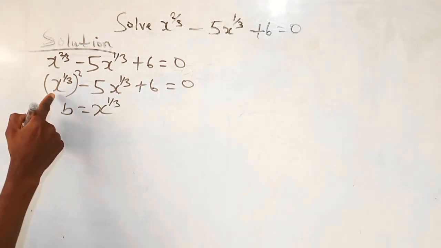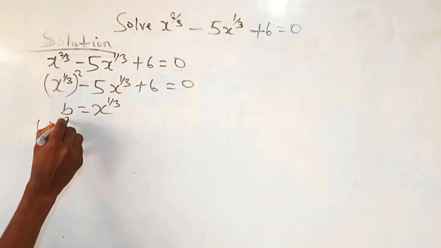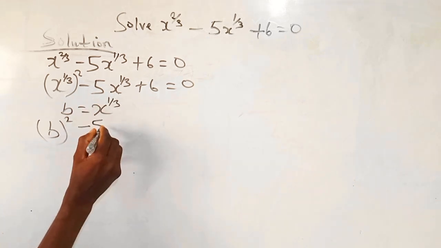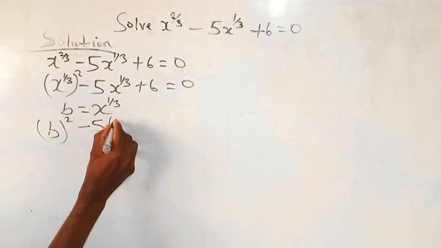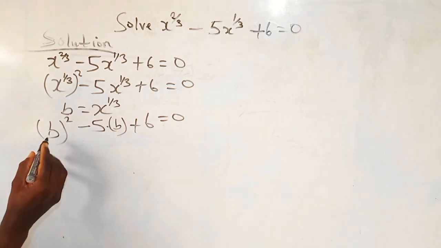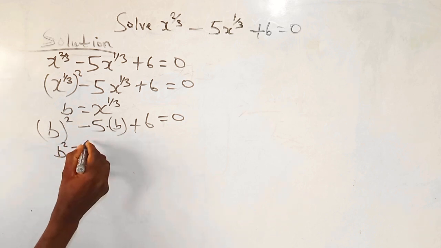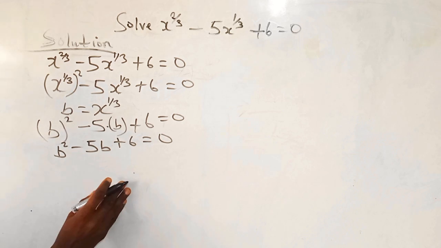So here we have b to the power of 2, minus 5 times b, plus 6 equals 0. That is b squared minus 5b plus 6 equals 0.